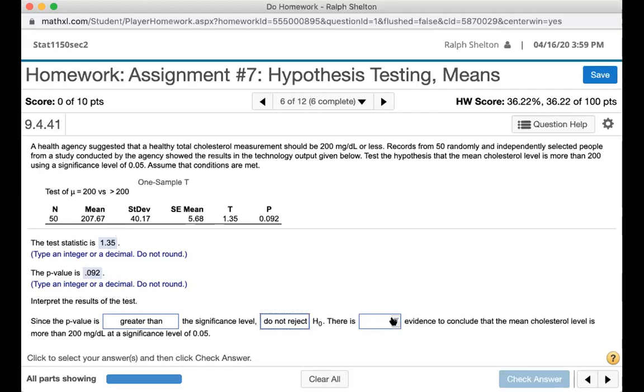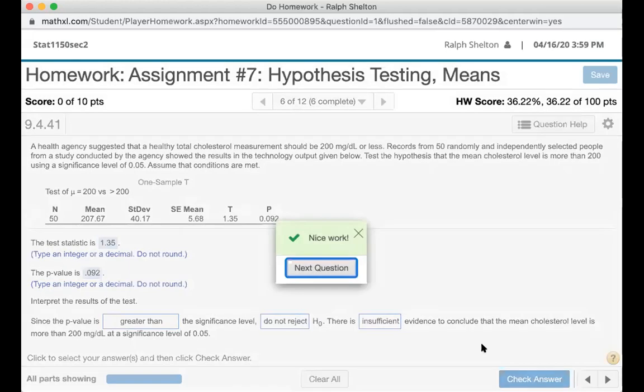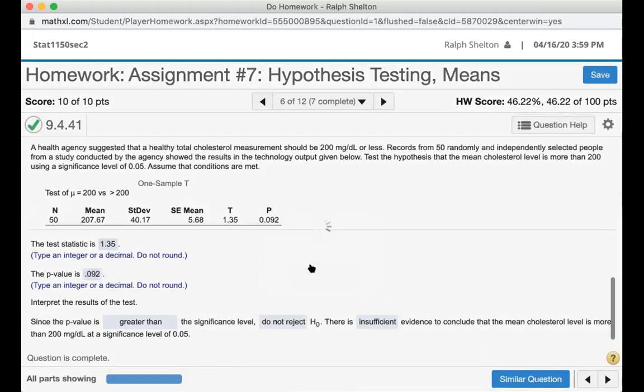There is insufficient evidence to conclude that there's more than 200, because we cannot reject, so we don't have evidence to conclude that the alternative is true. Okay, so next question.